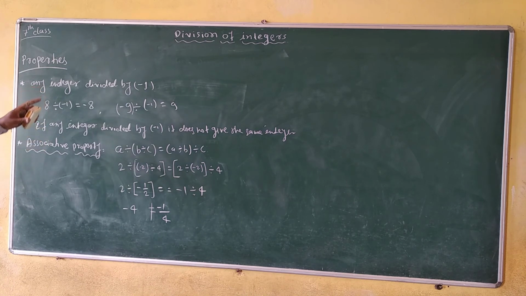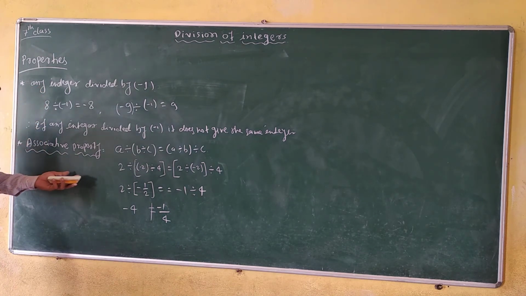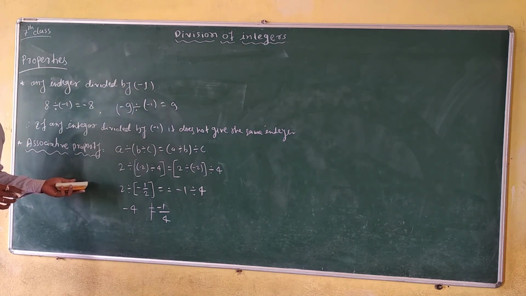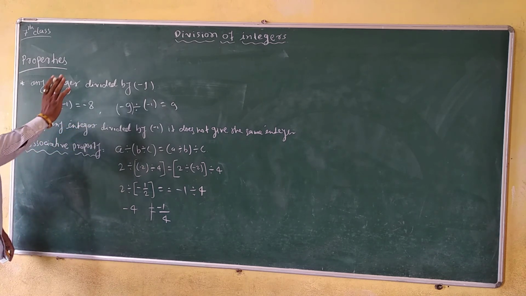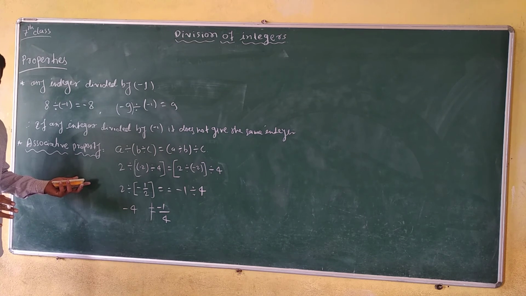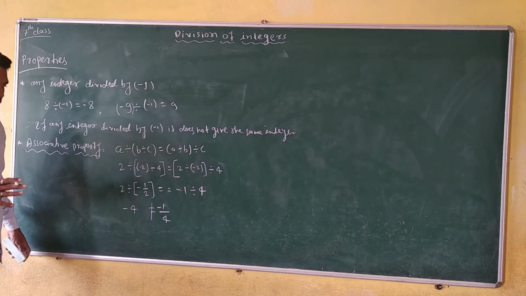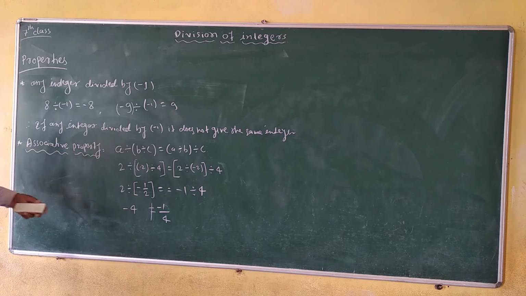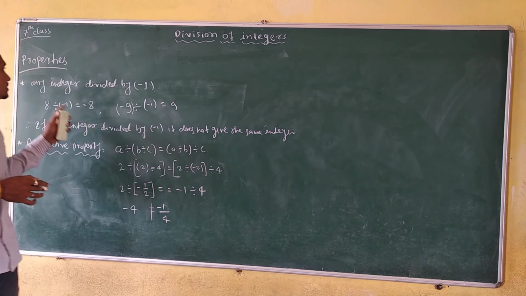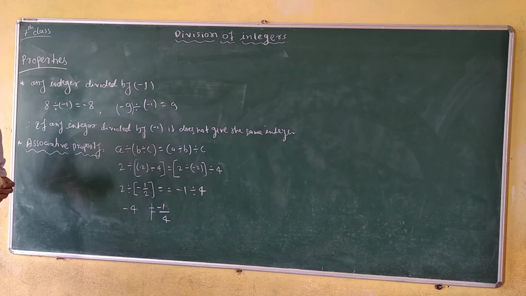So the division associative property does not hold for integers, and for whole numbers also. Okay, so now see here and note this down. Now move towards the next part, where we have to solve some examples on the concept of this property. Please note this down and now we shall start.